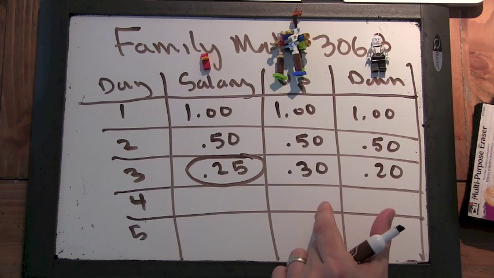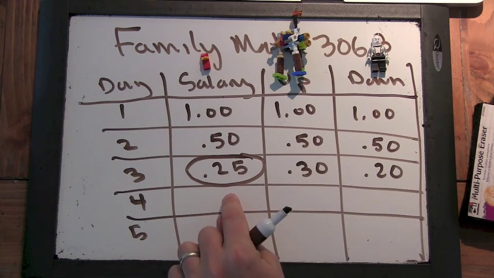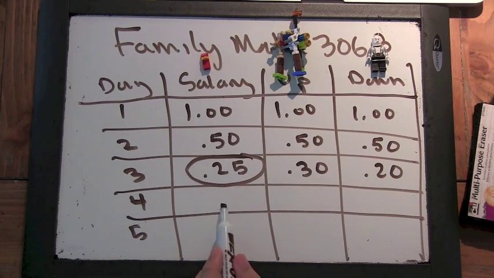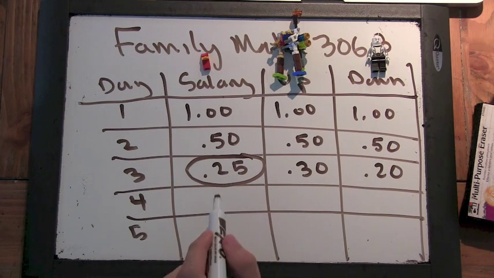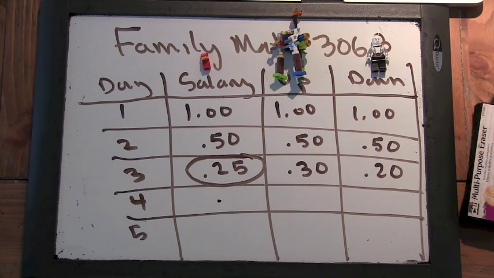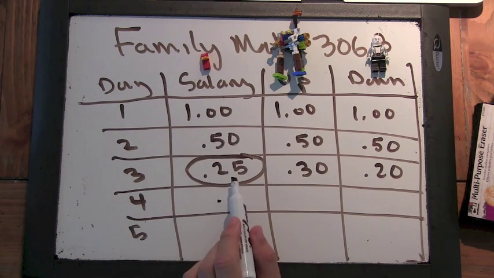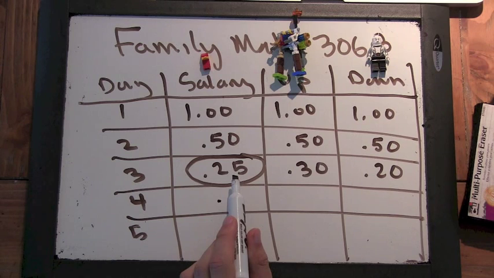Now, if we were just going to stay at 25, let's do this one. Pretend it was 25, what calculation do we do to find out what's in this box? Well, 2.5 times 25 minus 50 cents. So what's 2.5 times 25? 2 times 25 is 50, and a half times 25 is 12.5, so we got 62.5 cents.